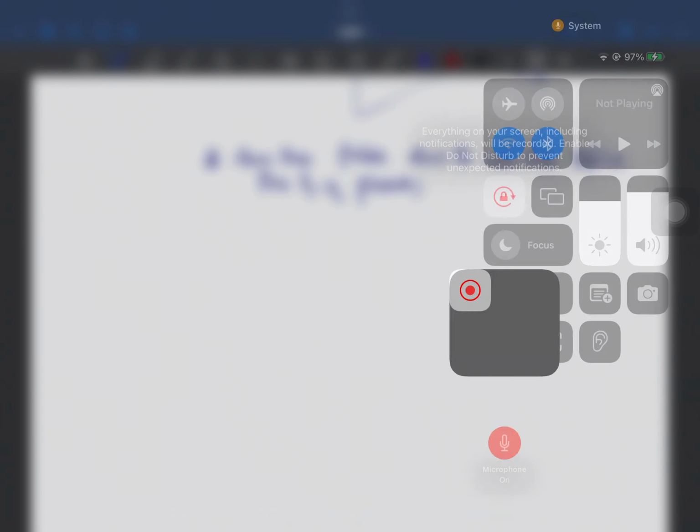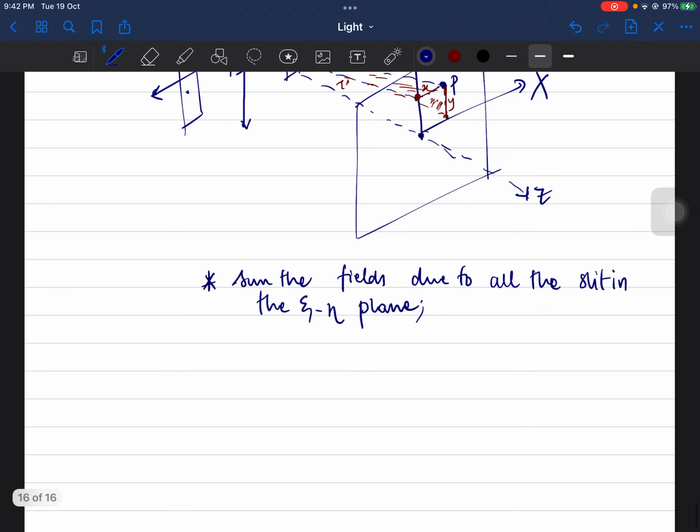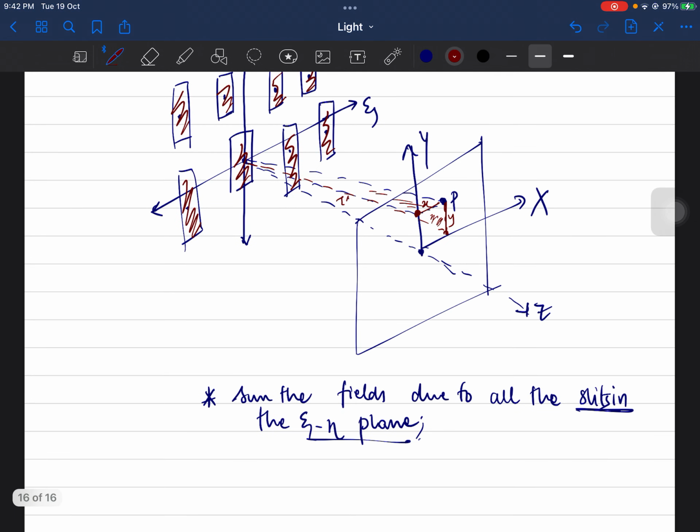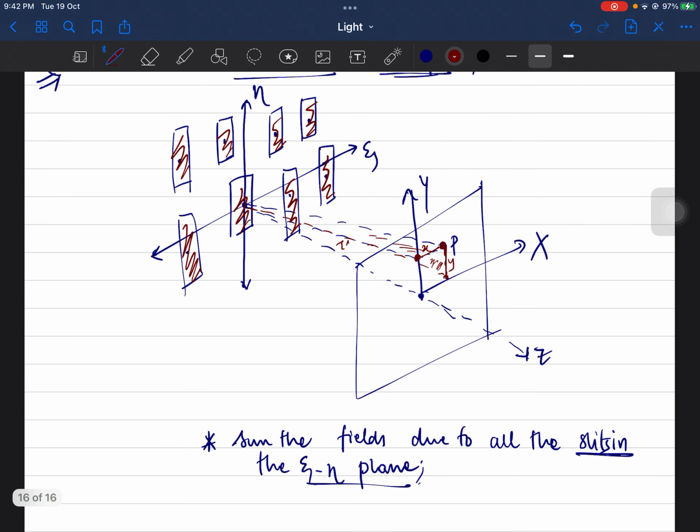Microphone is on. Cool. Sum the fields due to all the slits in the xi eta plane, that is, all the light entering here, basically the field entering here, resulting in a field at P.